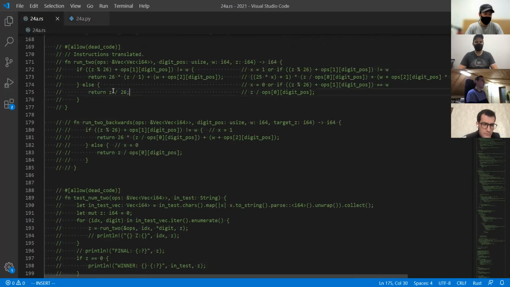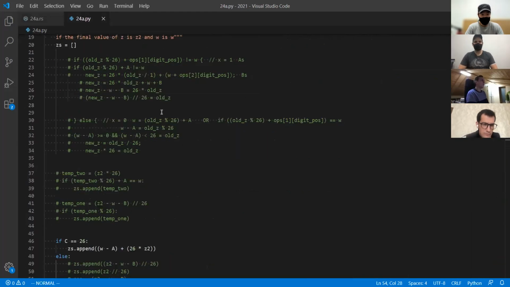So the question is, what is Z? I can't pull it out from anywhere else. So I went back up to this if statement and pulled it out, because in the if statement I can solve for Z. The divided by 26 is there, but the new Z has to equal the old Z divided by 26. So what is old Z?